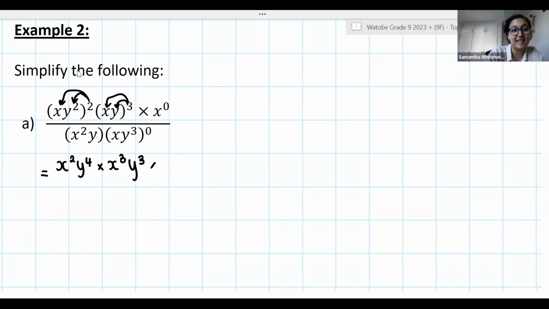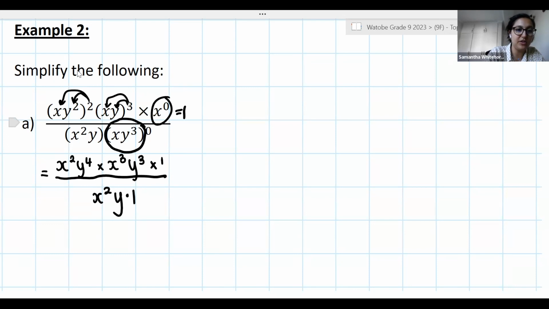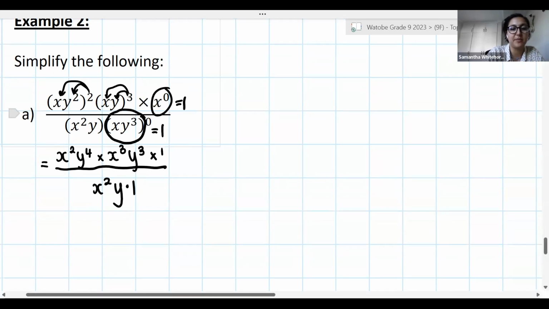Just 1, exactly, because x to the power of 0 is 1. Good. And then it's going to be x to the power 2, y, and then 1. And then 1 again. Excellent. Because again, guys, it's to the power of 0, so it's equal to 1. Perfect. Do you want to keep going?